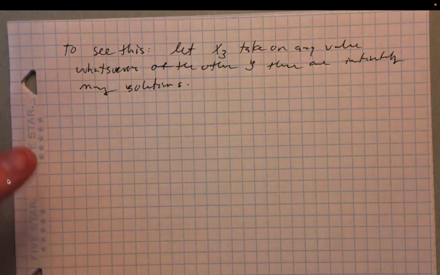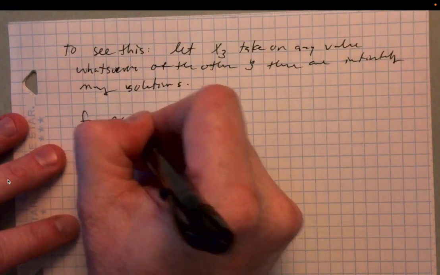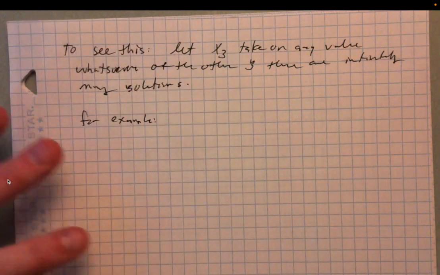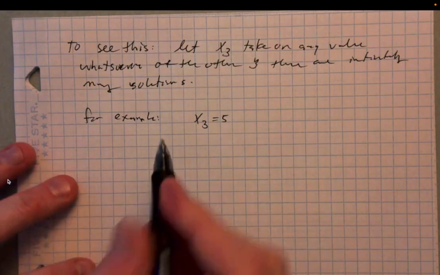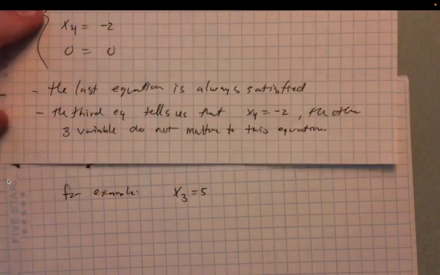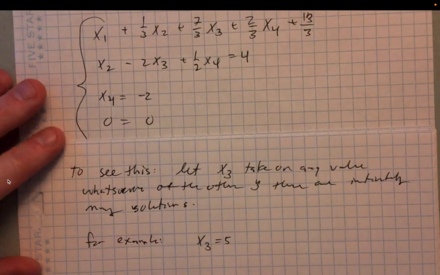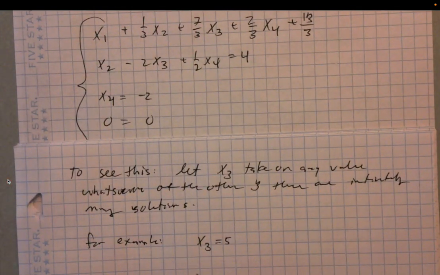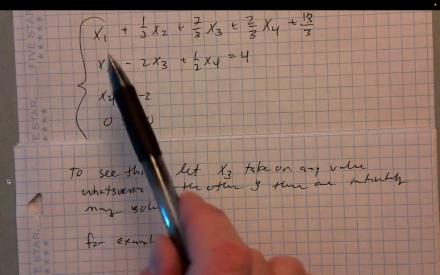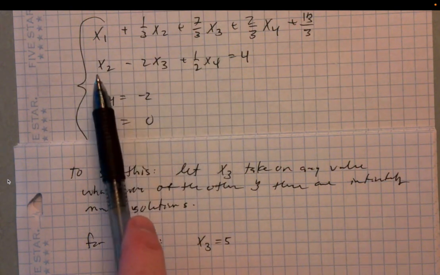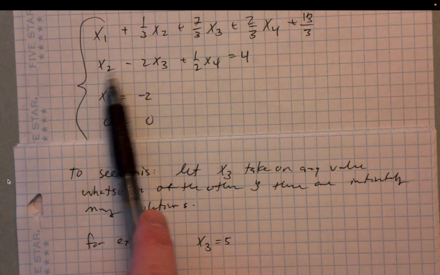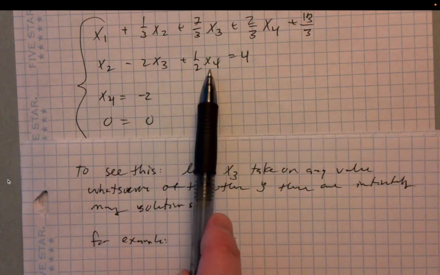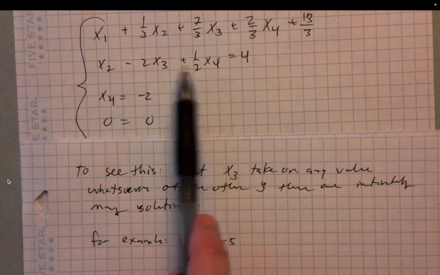Let's do an example. Let's let x3 equal 5. If x3 is equal to 5, starting with this equation, we can substitute x3 equals 5, and we know that x4 is equal to -2, and that's going to tell us what x2 is.